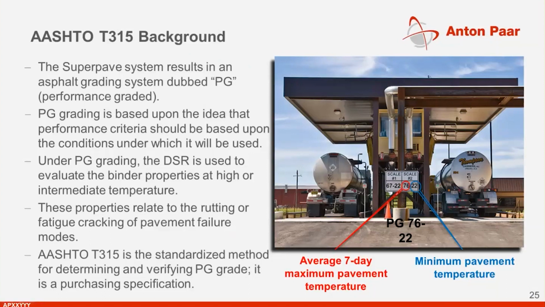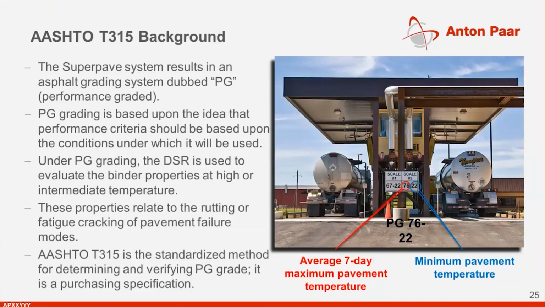Therefore, temperature measurements were performed all over the US and Canada, and the values were measured within the surface area of the road. So there is an actual sensor in the road, and the temperature is measured there. As an example, we can see here a PG 76-22.